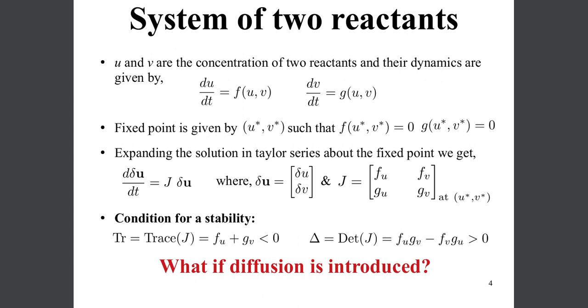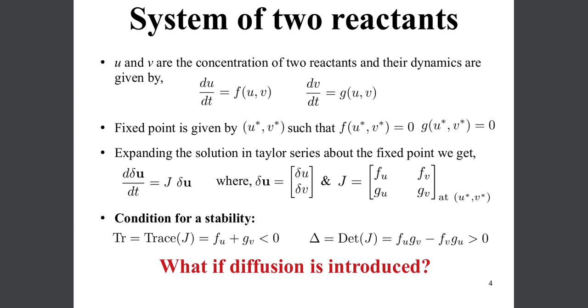So for stability, we need the real part of both of the eigenvalues to be negative, and for that we need the trace.